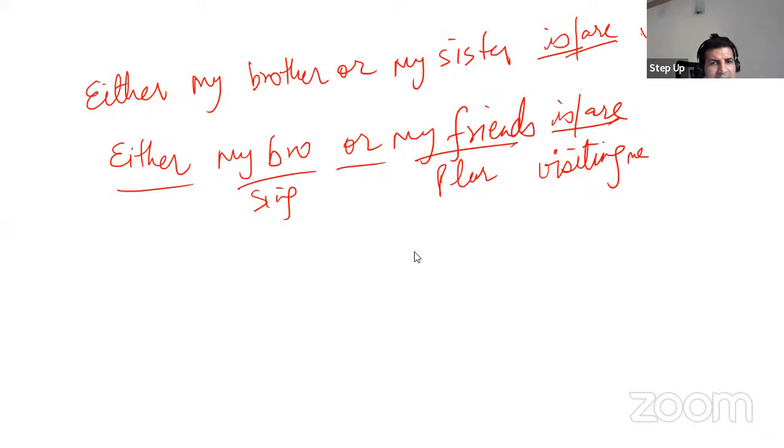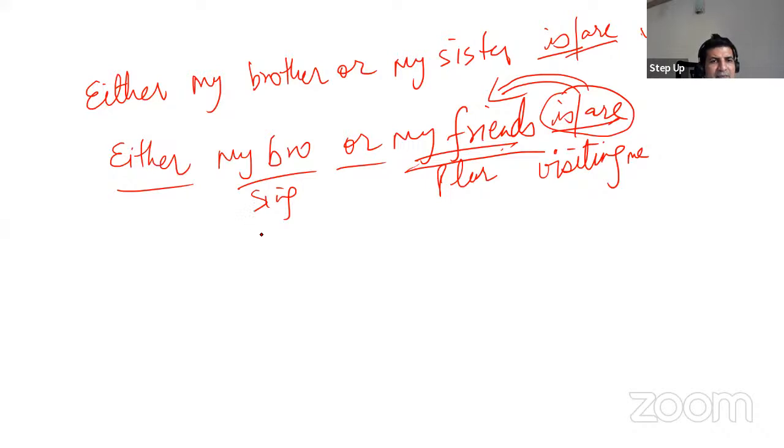What is the rule here? It's a little confusing. But the rule here is, when it comes to either or, neither nor and things like that, the verb is changed according to the subject placed closest to it. So either my brother or my friends are visiting me, because closer to the verb is this subject, which is plural. But if it is either my friends or my brother, it is "is" visiting me.